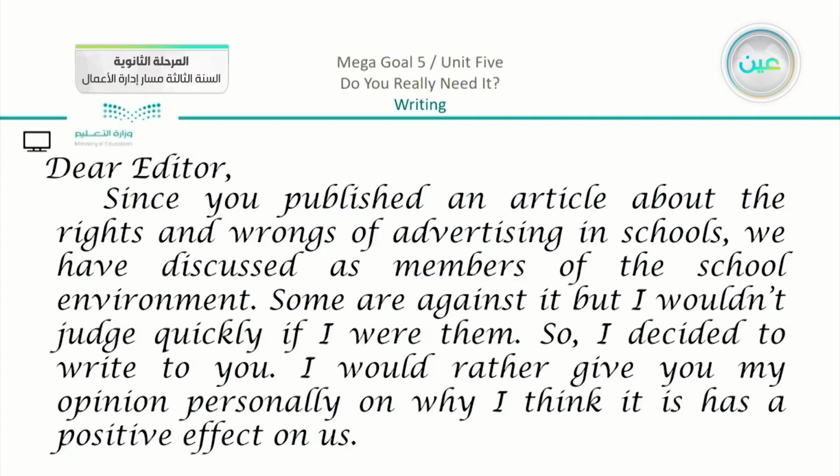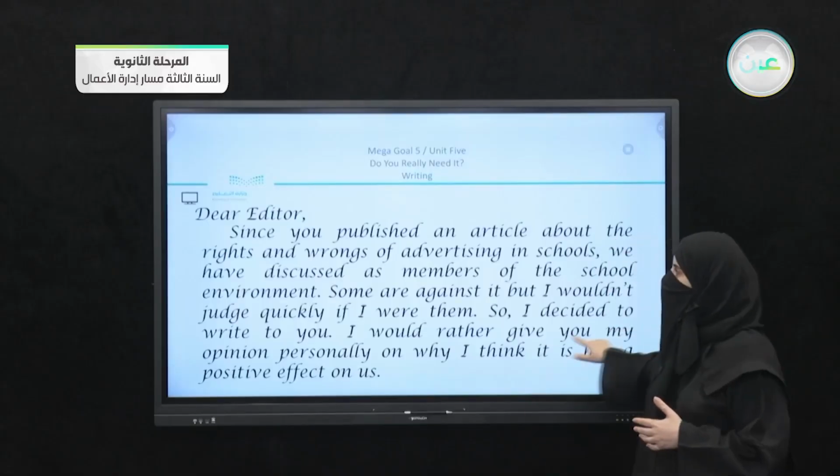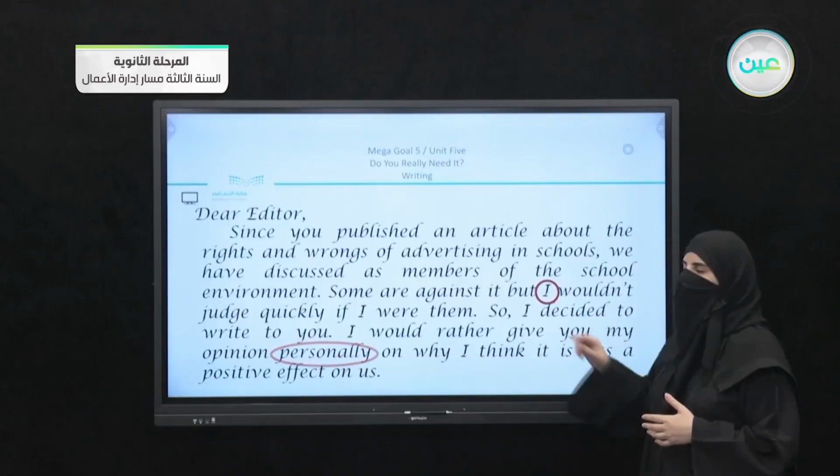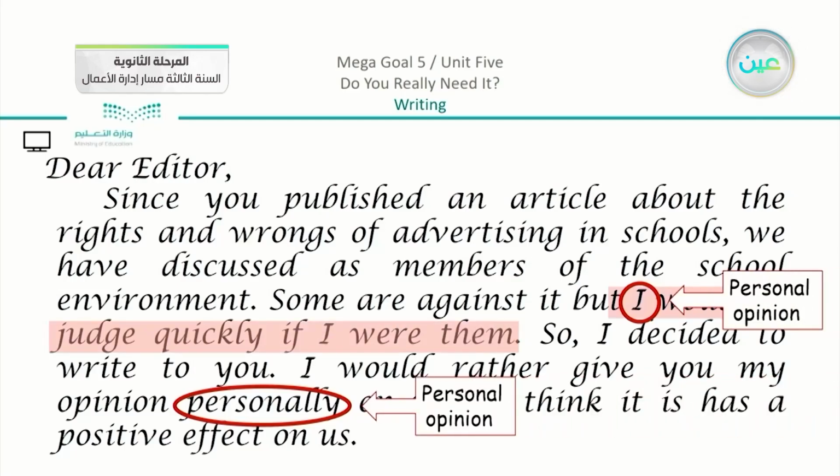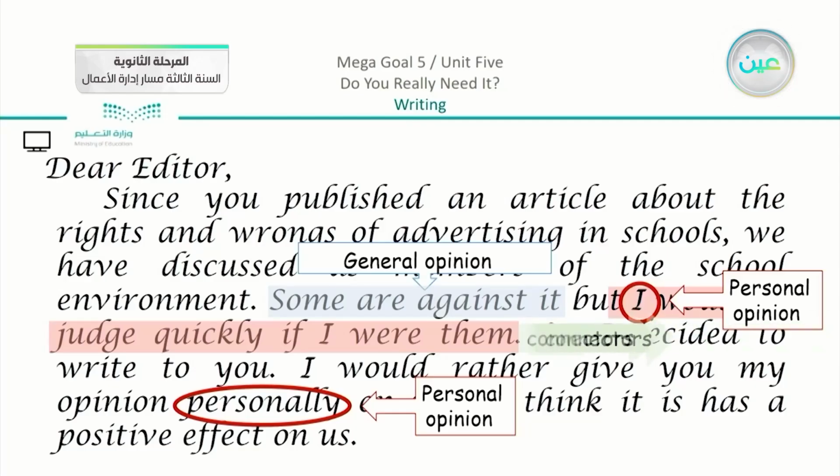Now you can see here that I have applied a lot of things. You can see that we have here I and personally, which gives the personal opinion here. I also used something else, which is some are against, which gives us the general opinion as we were asked. We also have something about so, which means that we have here connectors.